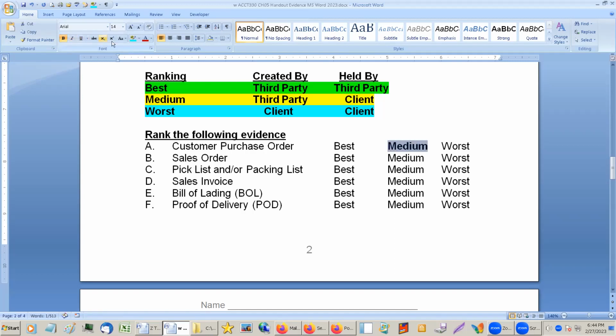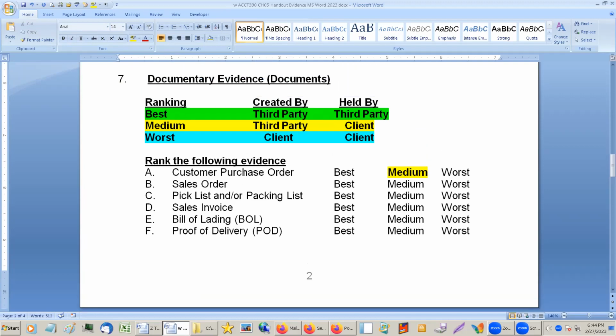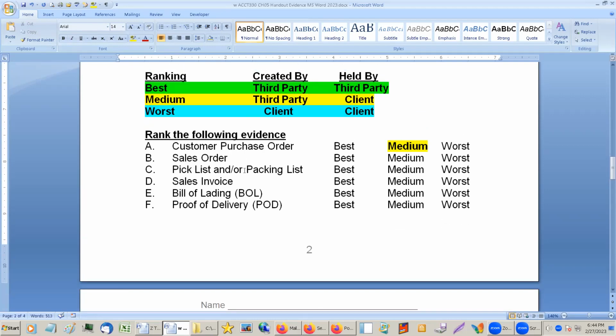We will talk about that, though, that it is possible to get some of these other things, and later on we'll talk about that. Okay, sales order. Now this is one that the client makes up. So the client shows you a sales order. They make their own, you go to IBM, they have their sales order. Worse.